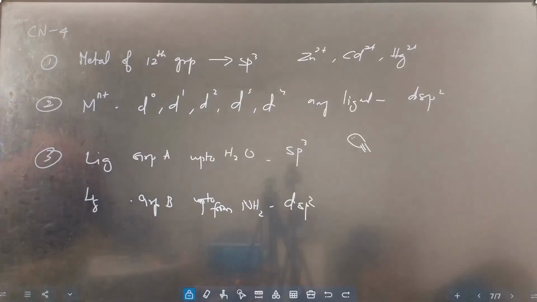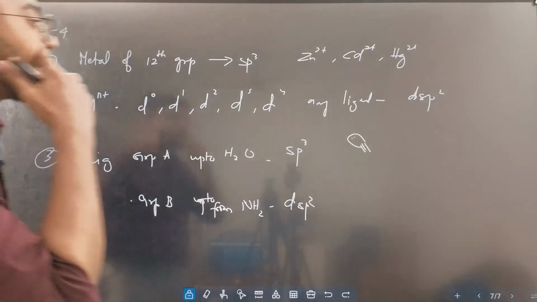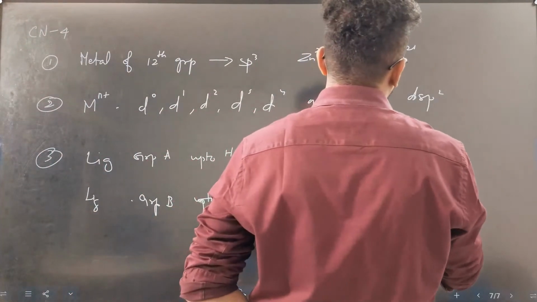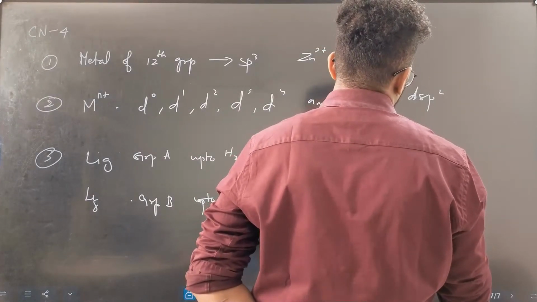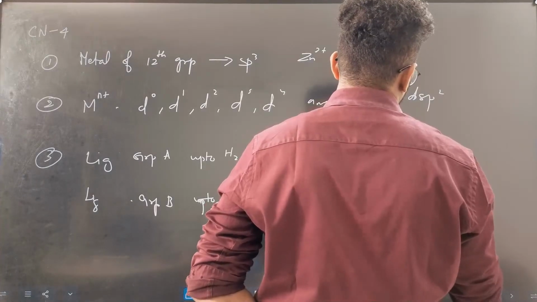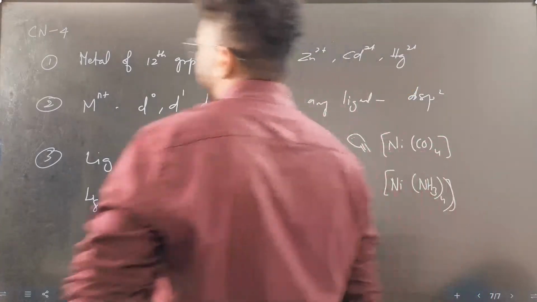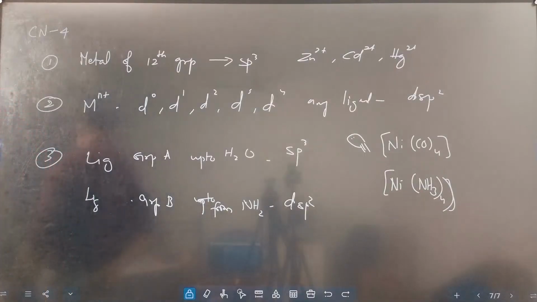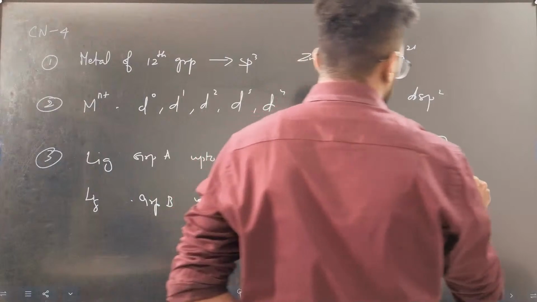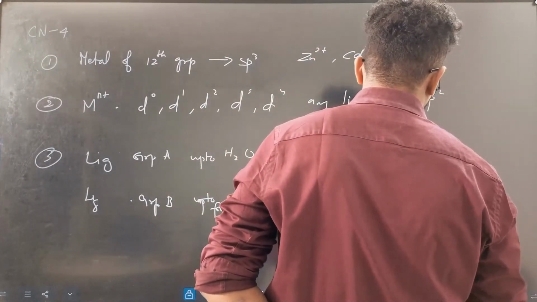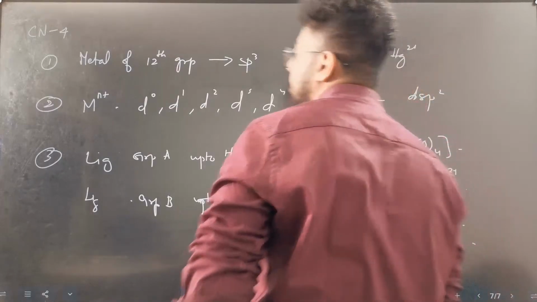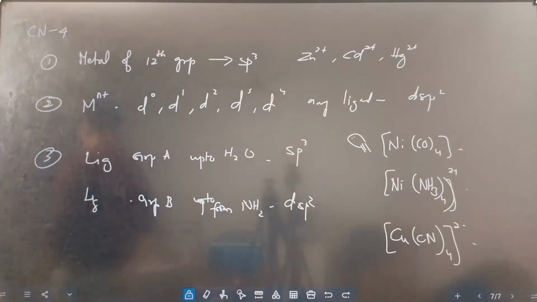But we have three exceptions here: tetracarbonyl nickel, tetraamino nickel 2 positive, and Cu(CN)4 2 negative.